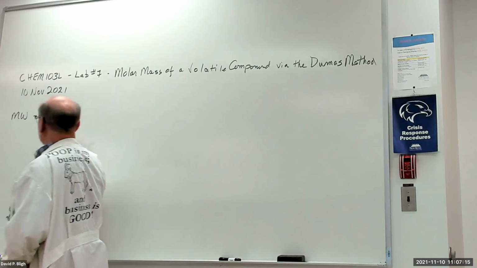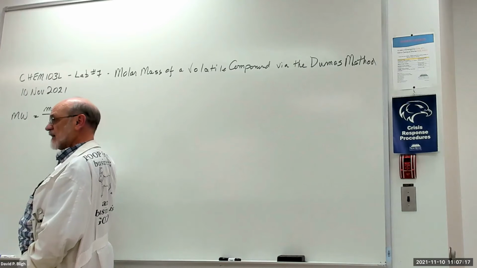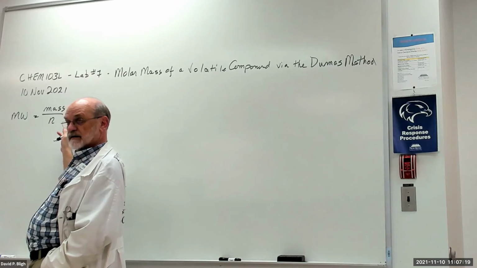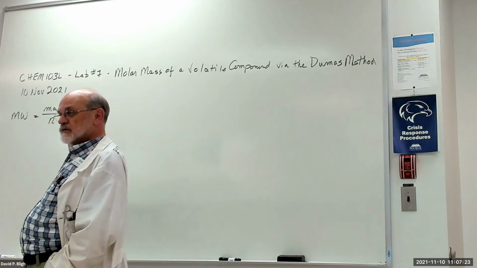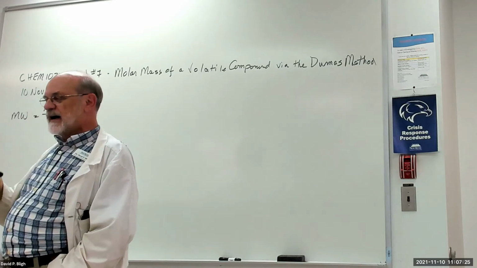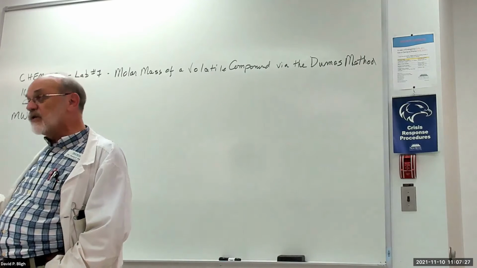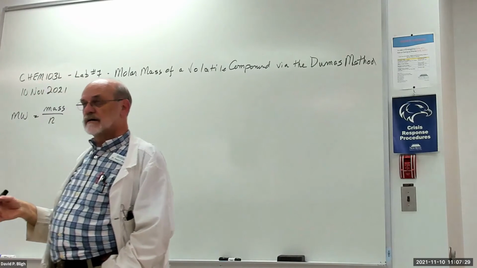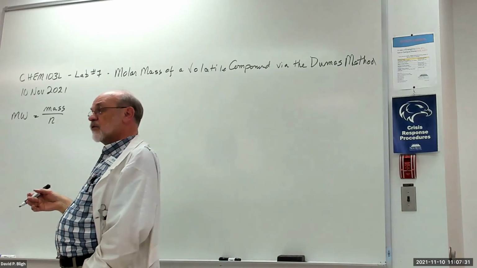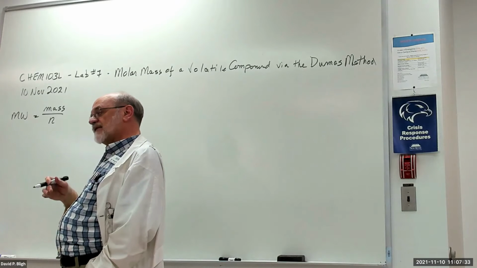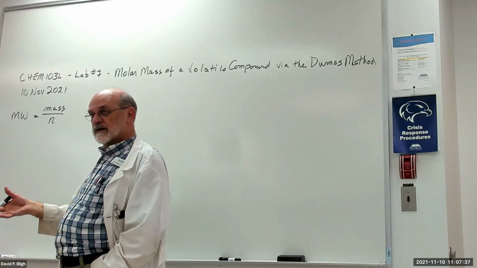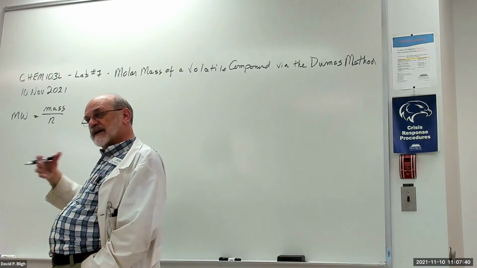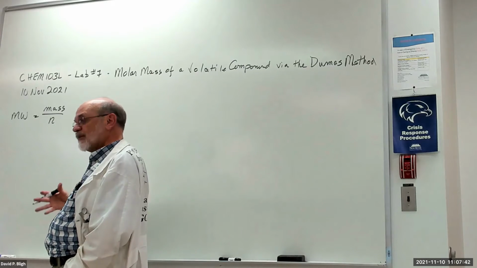So we need to know these two things. What's the mass of that gas? How many moles does it represent? This is one of those methods that is used to find the molar mass of a compound without knowing anything about it. So when you've got the percent composition, and you can find the empirical formula, then the next step to the molecular formula is you need to know the molar mass.